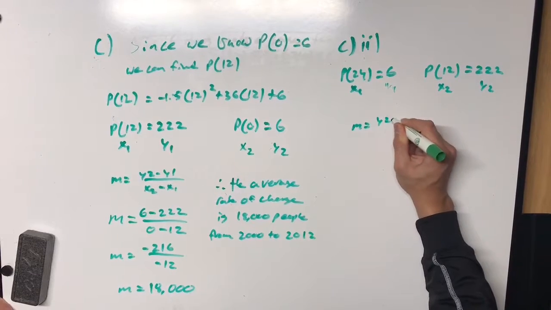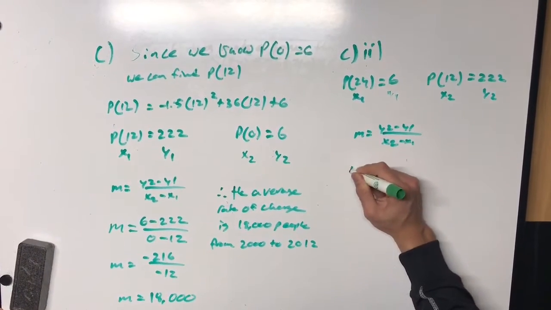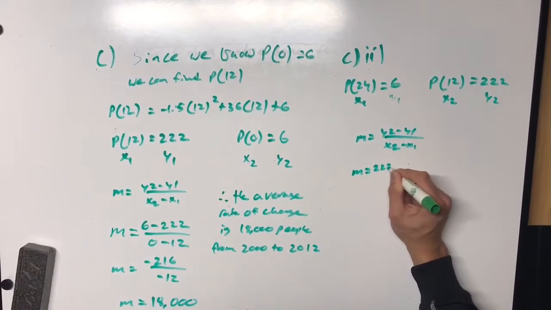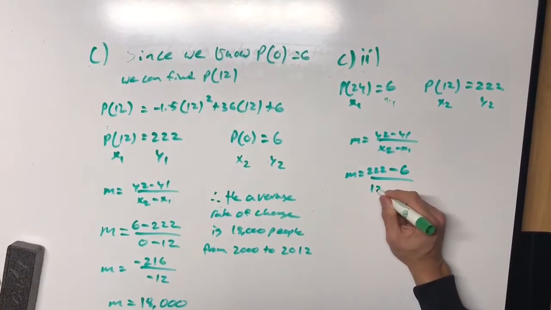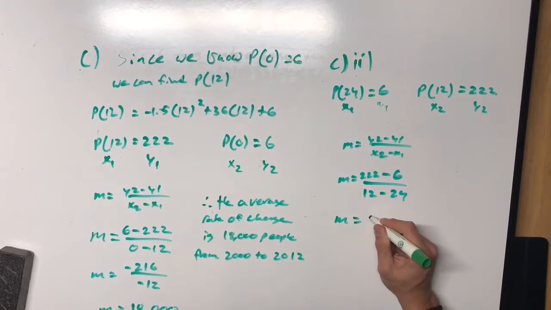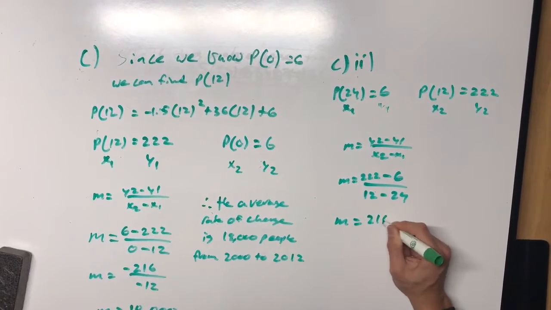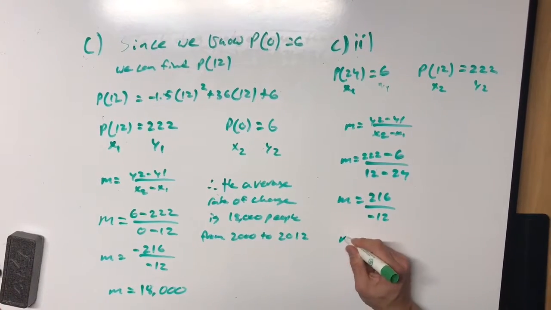And again, like the other question, we plug it into the slope formula, y2 minus y1 over x2 minus x1. M is equal to 222 minus 6 over 12 minus 24. M is equal to 216 over negative 12. And M would end up being equal to negative 18,000.